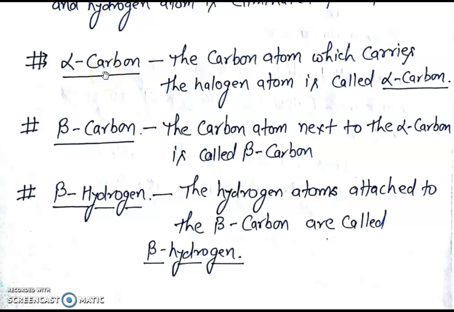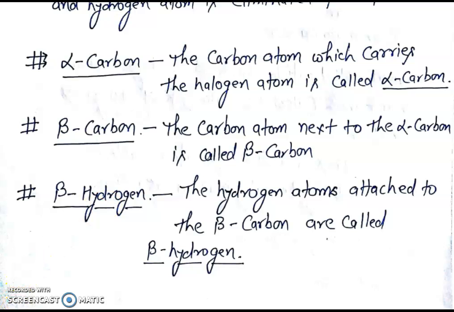Alpha carbon: the carbon atom which carries the halogen atom is called alpha carbon. Second, beta carbon: the carbon atom next to the alpha carbon is called beta carbon. And third is the beta hydrogen. The hydrogen atoms attached to the beta carbon are called beta hydrogen.